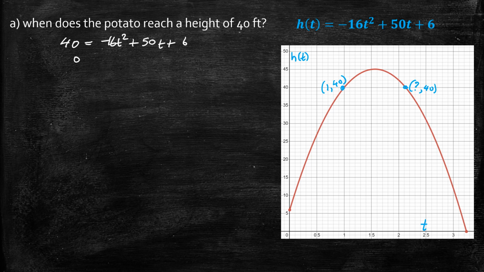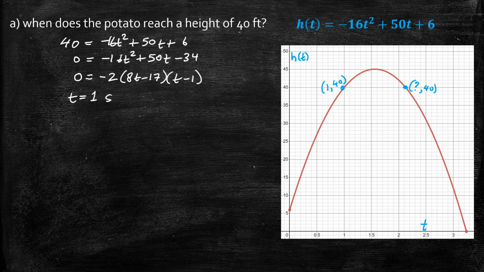If we brought 40 to the other side, we would have this quadratic, and that can be factored. You could use the quadratic formula, or if you would like to challenge yourself, you could pause this and try to factor it, and it would come out to this, which gives us 2 answers.